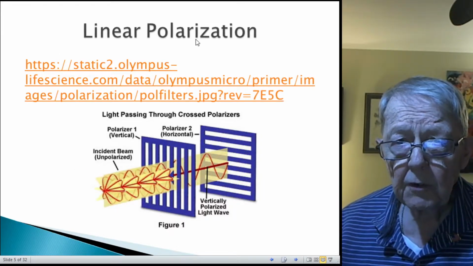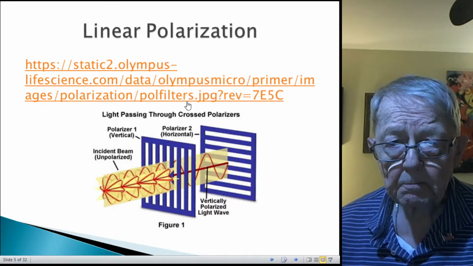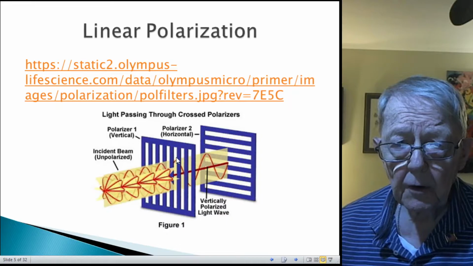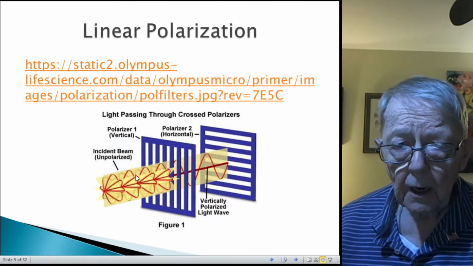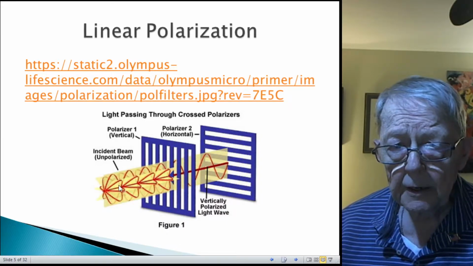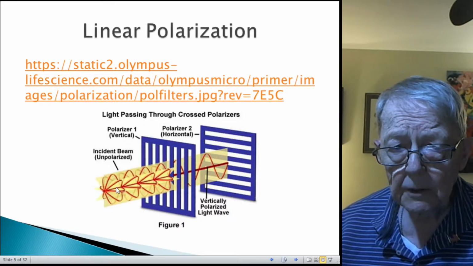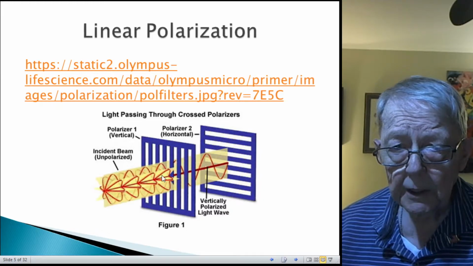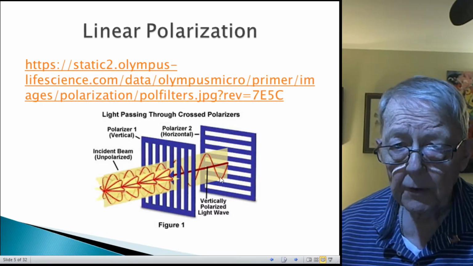But in the case of linear polarized light, when this light goes through a vertical polarizer, all of the ones that are horizontal or have a horizontal component get eliminated, or at least mostly eliminated, and you're left with only vertical.